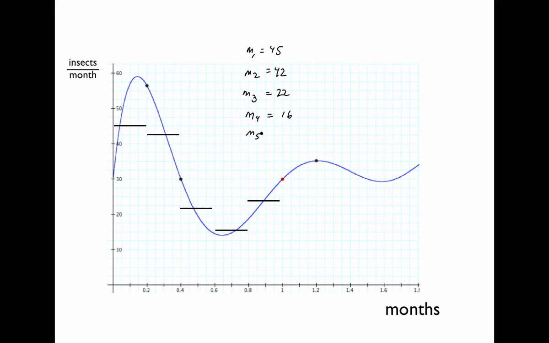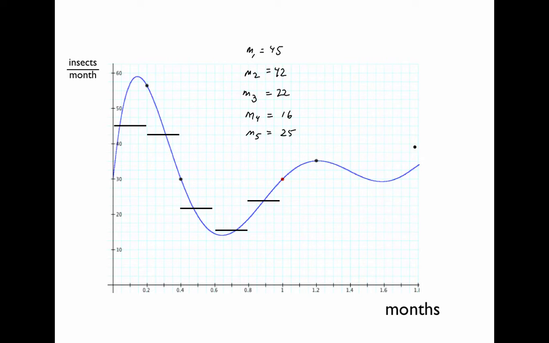Now, you may have chosen different constant rates, and you also may have chosen different interval widths. I didn't tell you the interval width, okay? So I just went with the lead from the question before that talked about the first 0.2 months, and I just went with 0.2 month intervals, but you could have done 0.4 month intervals or 0.1 or something like that. If you do 0.2, you're going to get numbers similar to this or maybe a little different.